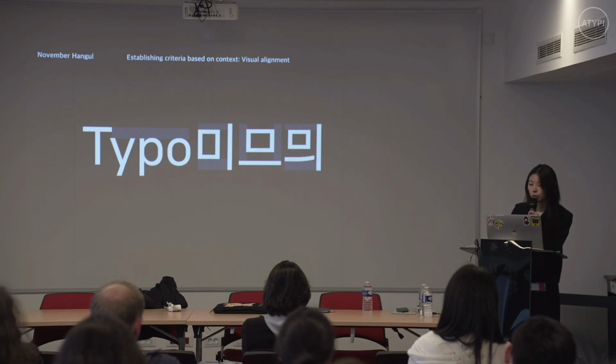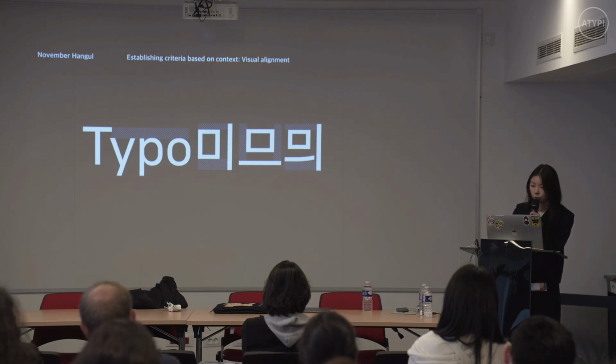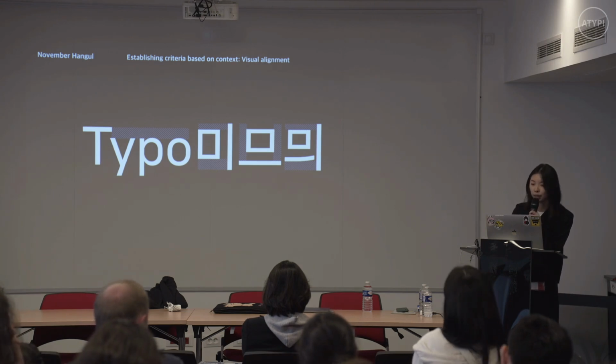Furthermore, the size of the space between leading consonants and vowels in Hangul is generally set by replacing the size of the space between CAP-height and X-height in Latin. Since the space in November Latin is not that large, we adopted a similar approach for Hangul.